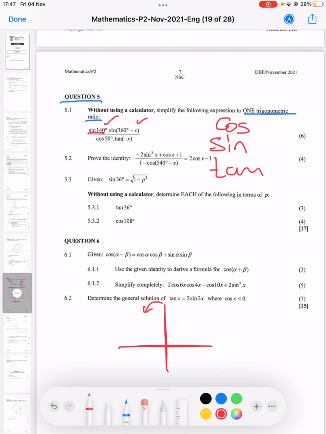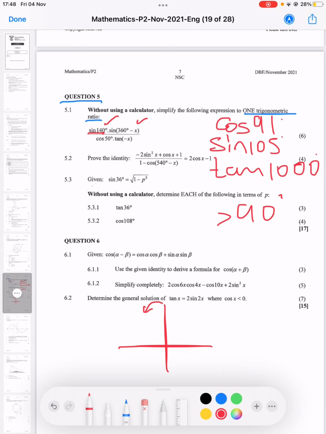Very much important, ladies and gentlemen, over there. Any other angle, it could be 91, 105 degrees, it could be a 1,000 degrees, it doesn't really matter what the angle is, as long as it is greater than 90, you need to reduce it.